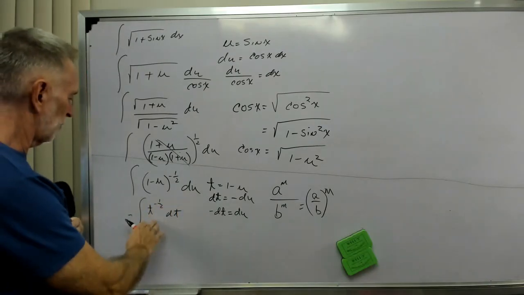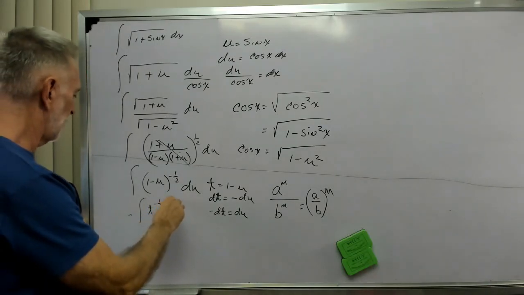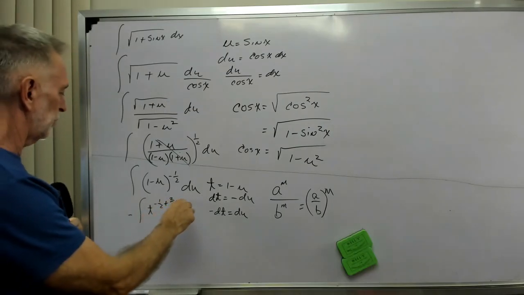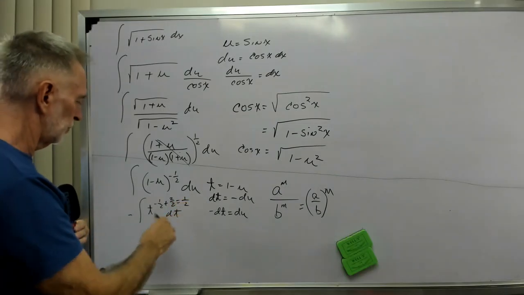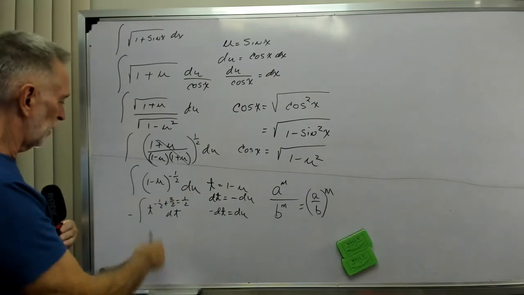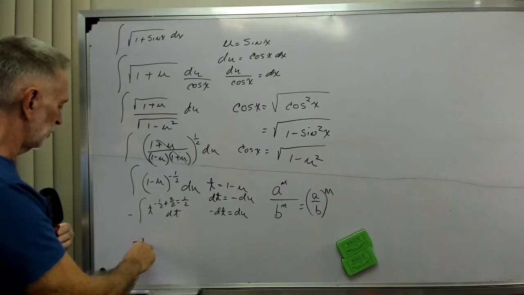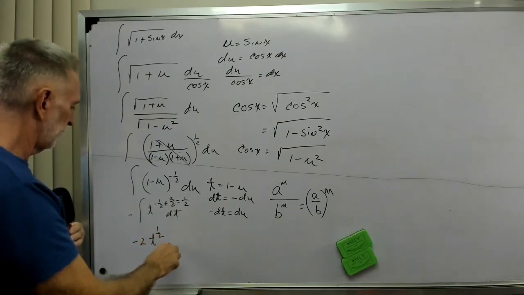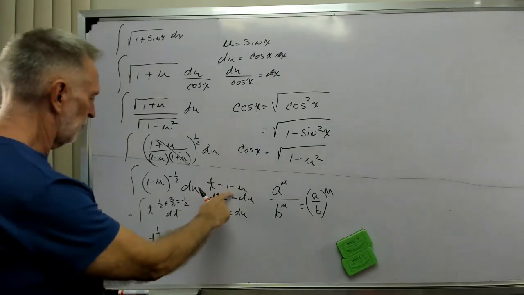If I integrate this, I'm going to increase the exponent by 1. So negative 1/2 plus 2 over 2 gives me 1/2. If I divide by 1/2, that's multiplying by 2. So minus 2 t to the 1/2. And what was t? 1 minus u.